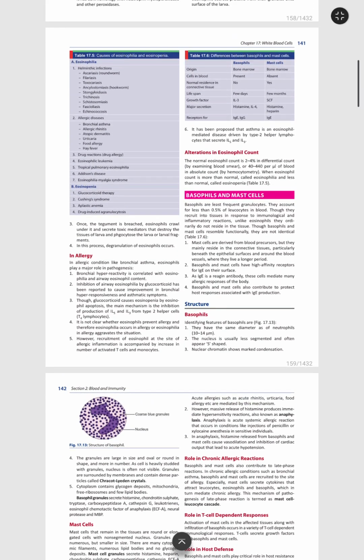Basophil is also, let's say, more responsible for the allergic reaction as compared to eosinophil. Eosinophils are more responsible for the removal of parasites, roundworm, hookworm, or Wuchereria bancrofti causing filariasis, right?